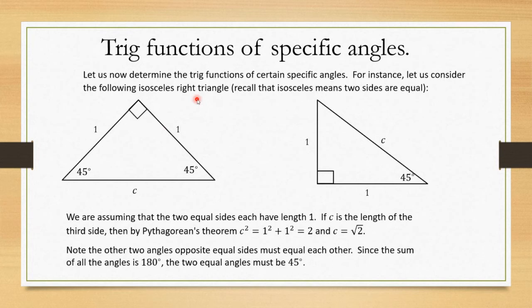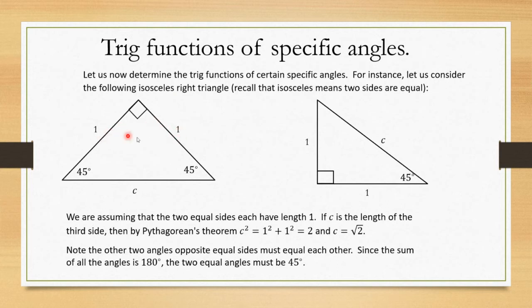And it's a right triangle, so one of the angles must be 90 degrees. If you think about it for a minute, it's really not hard to see that the 90-degree angle has to be between the 2 equal sides.